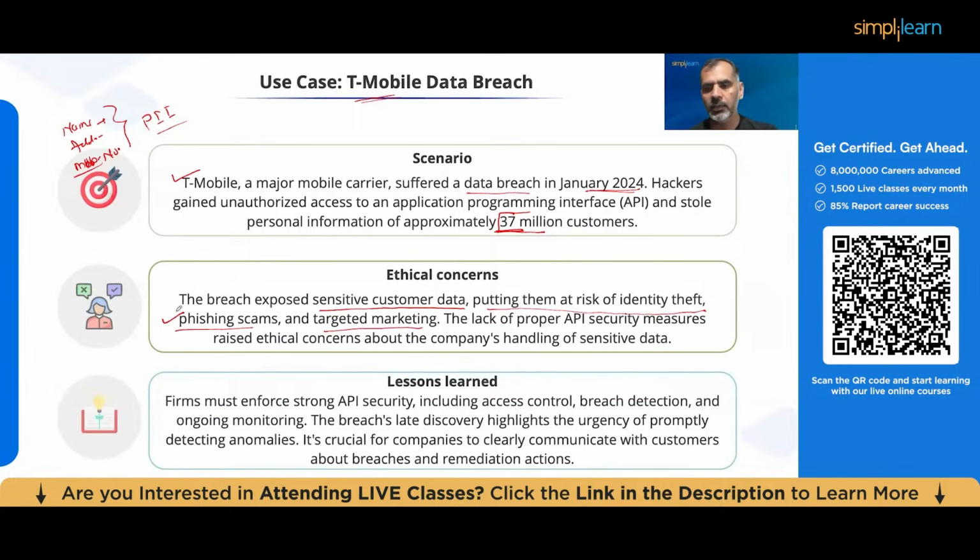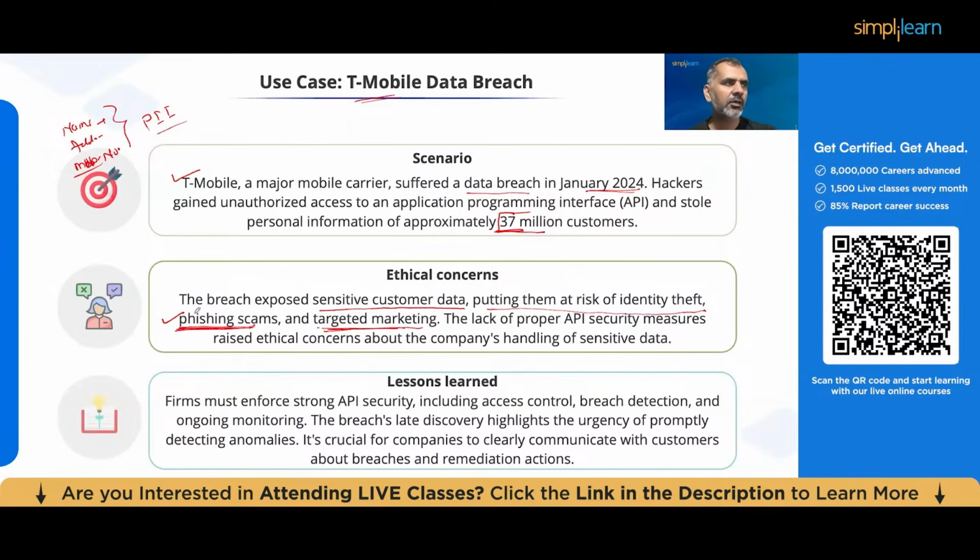This is very common in India. A lot of people call you and try to give you a lot of offers, or sometimes threats as well. Then they ask you to share your account details or CVV numbers, and so on. So the data can be used in a phishing scam. It can also be used for targeted marketing.